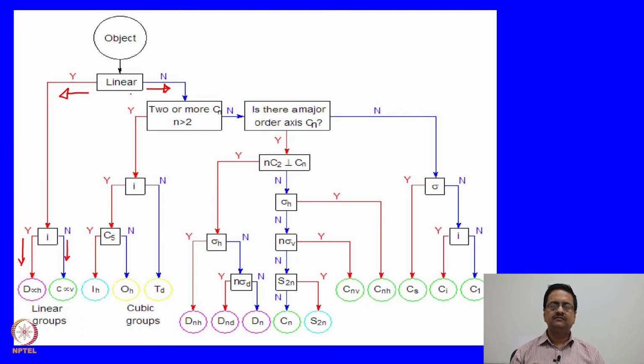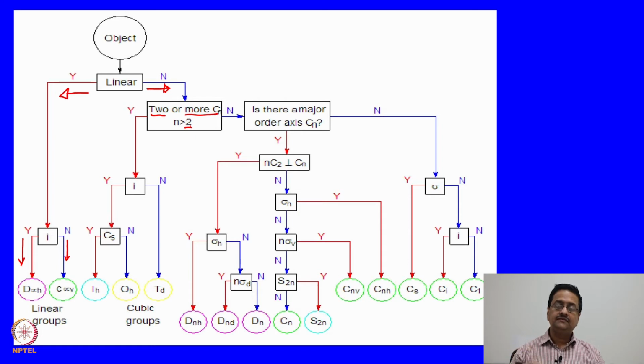Most of the molecules we see are non-linear, and in the case of non-linear molecules, we look for different symmetry elements. For example, the first thing one should look for is whether we have two or more Cn axes where n is greater than 2, which means we should look for whether the molecule has a C3, C4, C5 or any other higher axis.